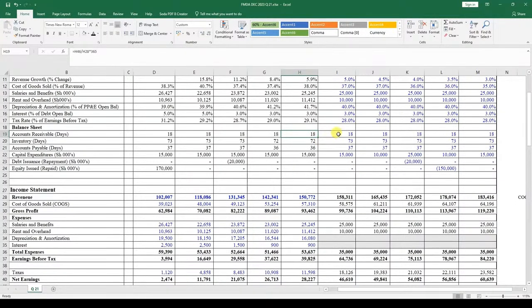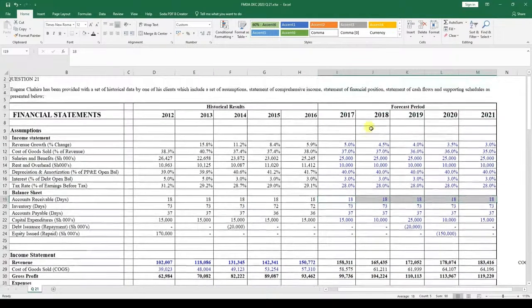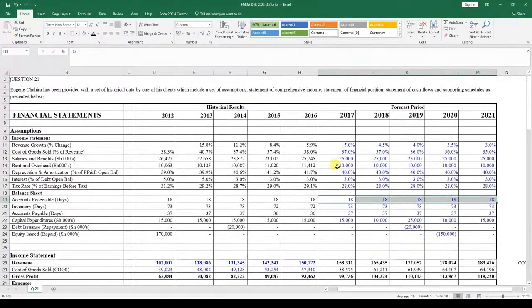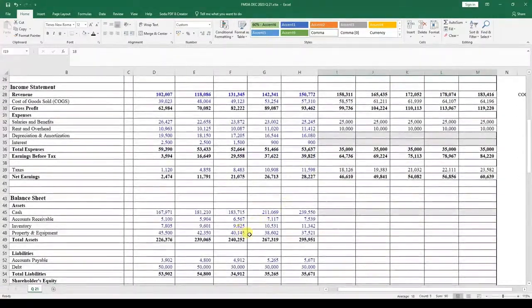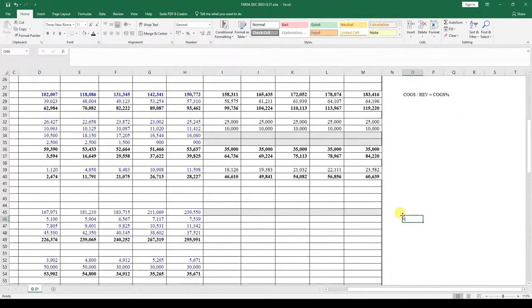Now that we've assumed that the days are going to be 18 for the forecast period, and you can see this is the forecast period here, 2017, how do we model the accounts receivable here? We are going to move ahead and say that accounts receivable is how we're going to model it over here.